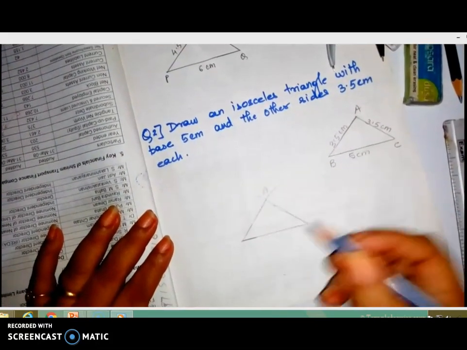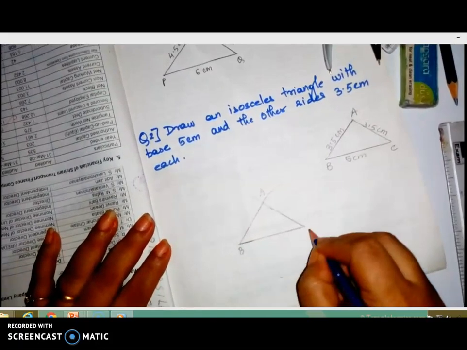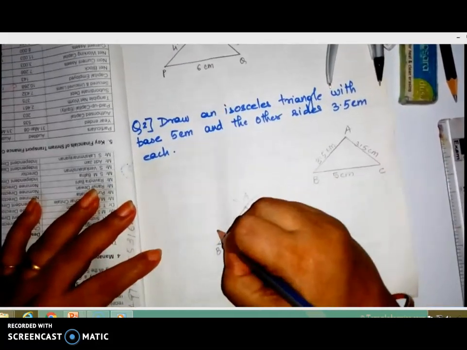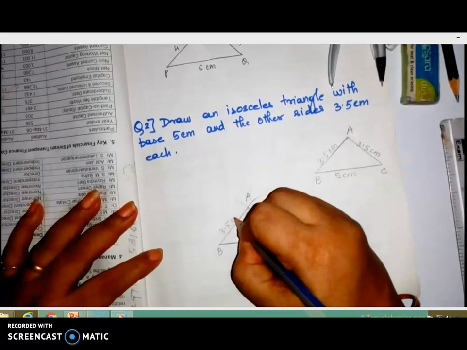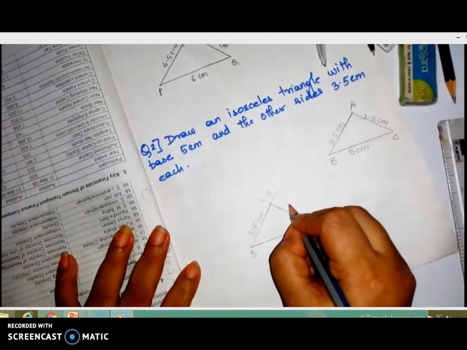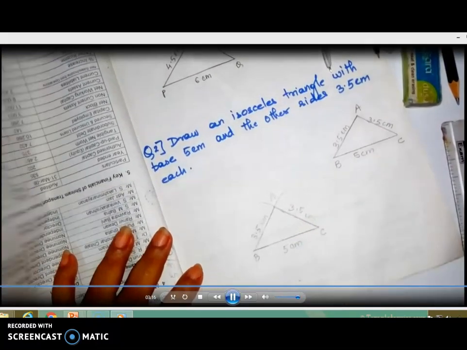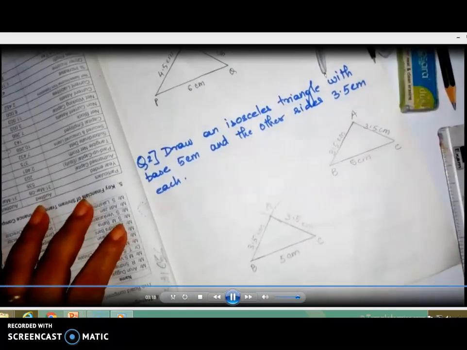Name the triangle as A, B, C. Base is 5 centimeter and the other two sides are of equal length, that is 3.5 centimeter each. So that completes our isosceles triangle.